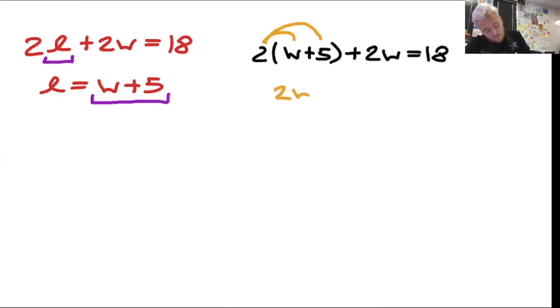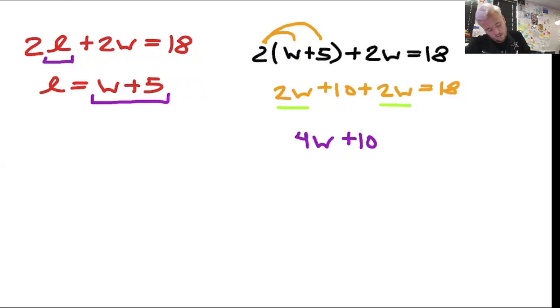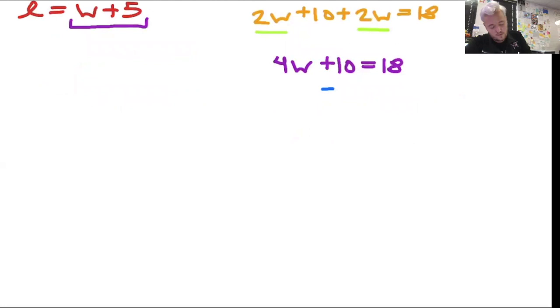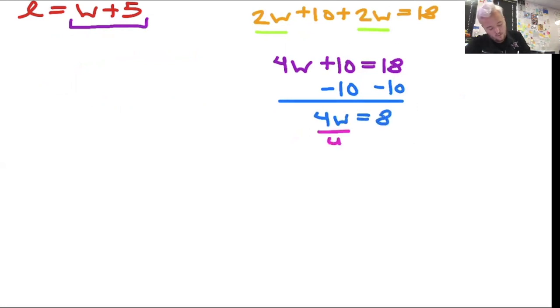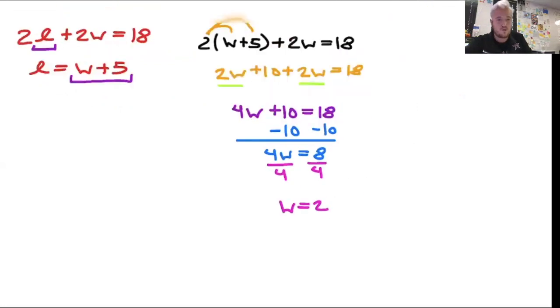So 2W plus 10 plus 2W equals 18. So I'm going to combine my like terms, 2W, 2W. So 4W plus 10 equals 18. Now I'm going to subtract 10. So 4W is equal to 8. And then you can divide by 4. So we're going to get a width value of 2.